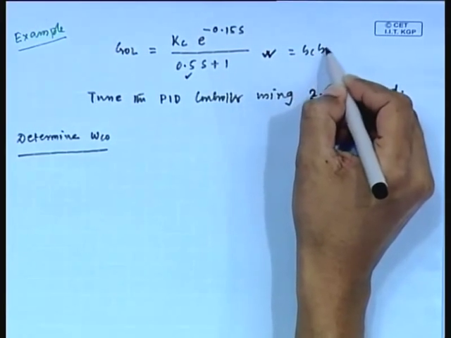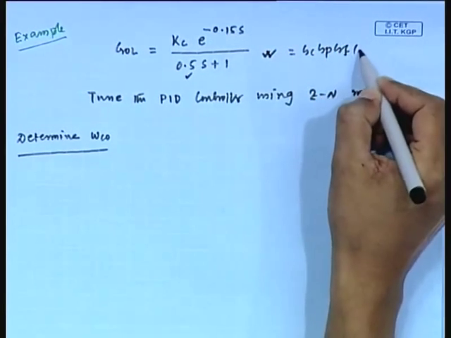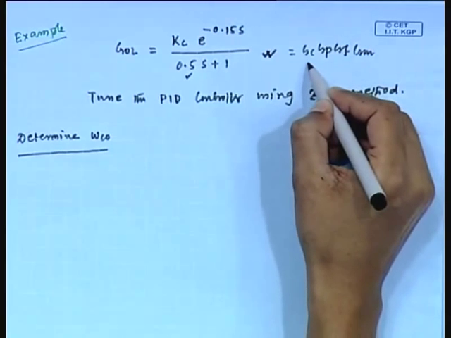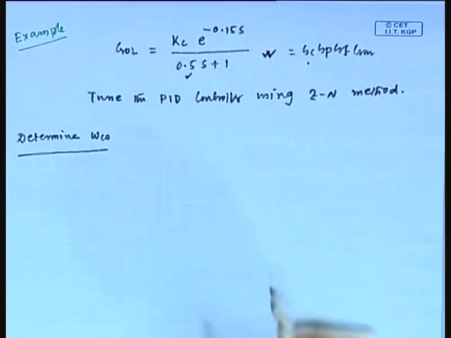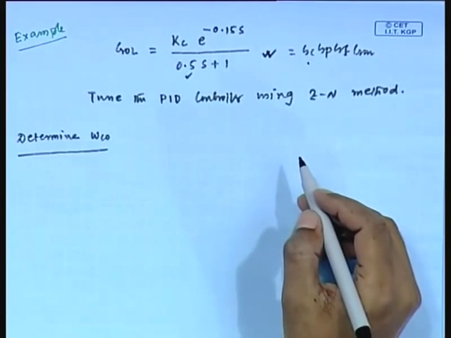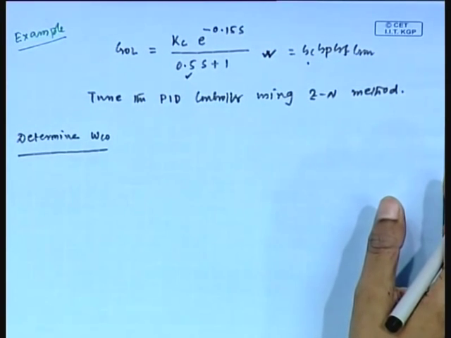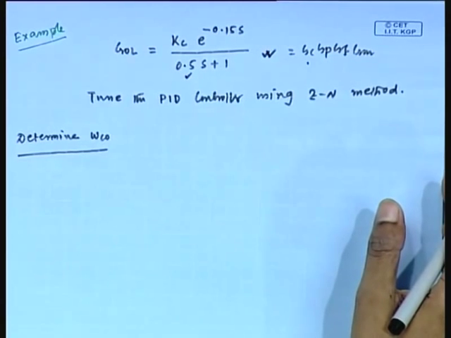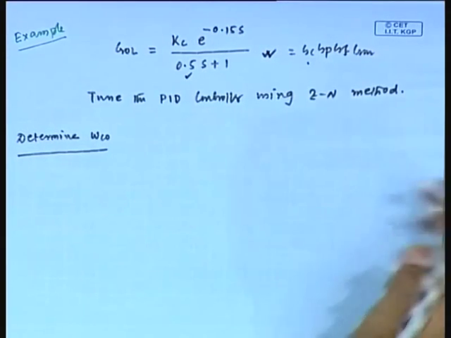So, this is basically Gc, Gp, Gf, Gm. Here we have considered Gc equal to Kc.